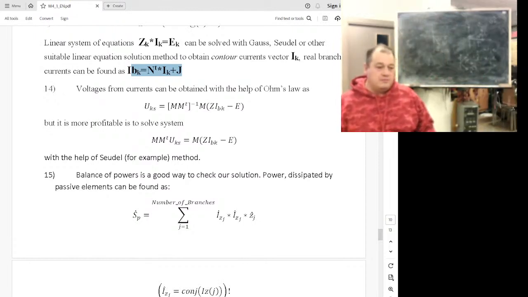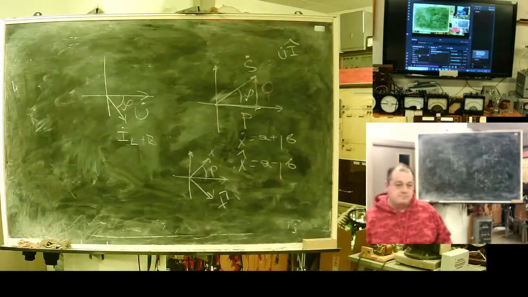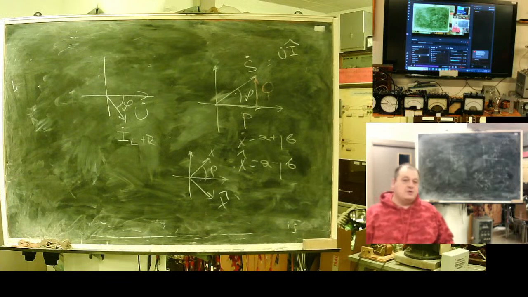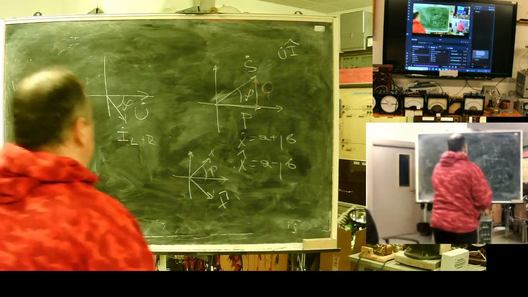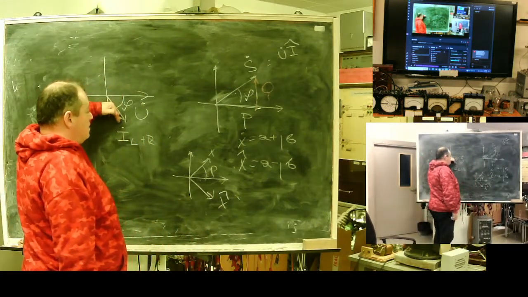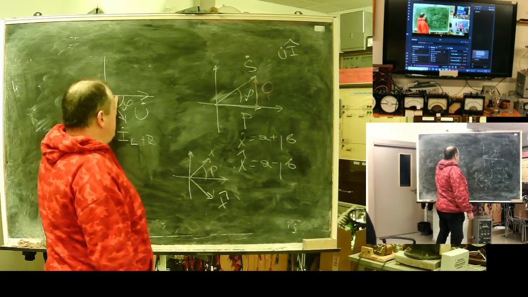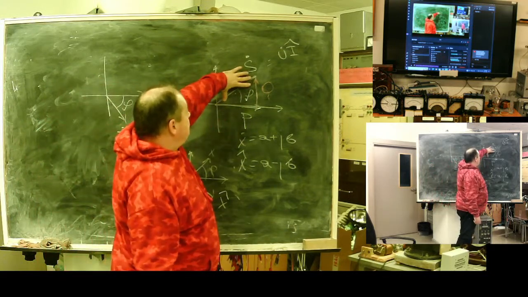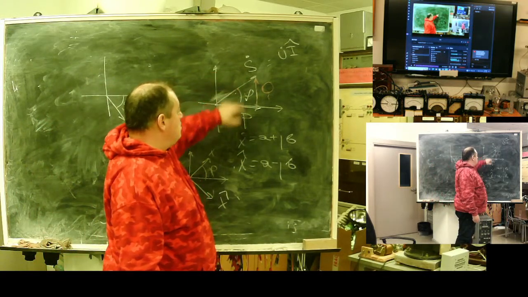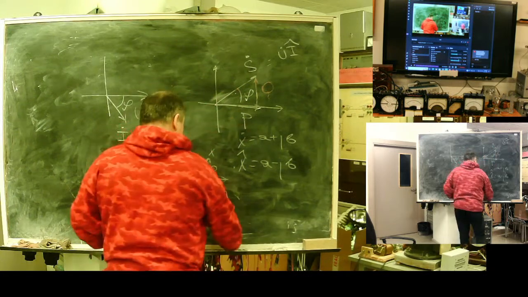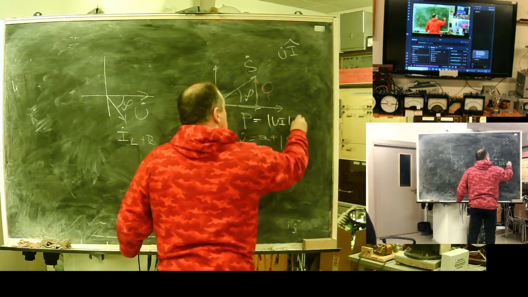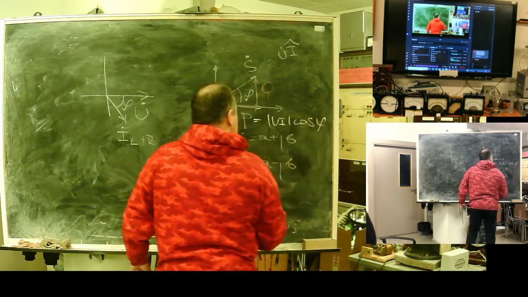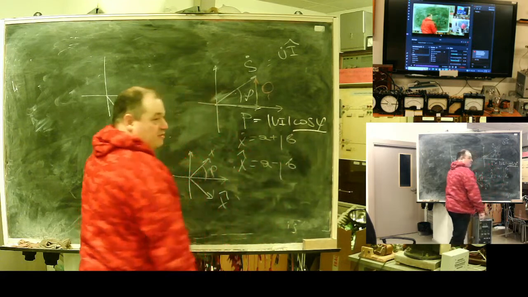One moment, I can switch, yeah. Voltage, current, angle, apparent power, same angle, active power, being U multiplied by I multiplied by cosine of phi, which is power factor.